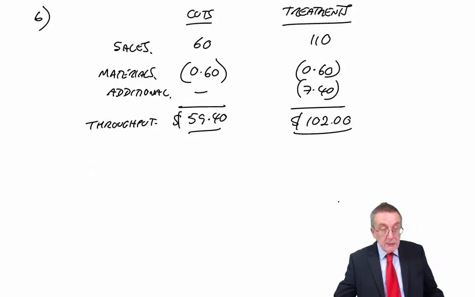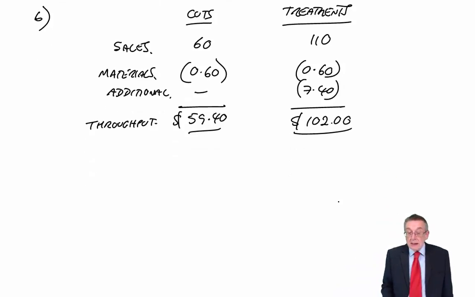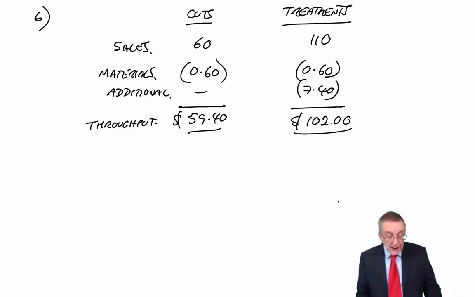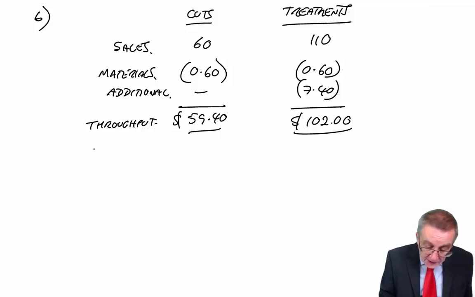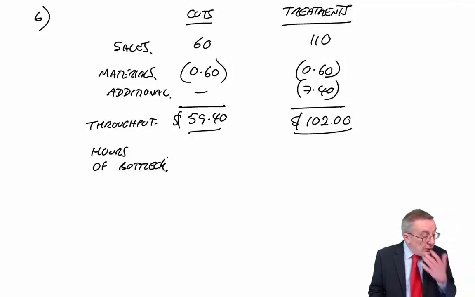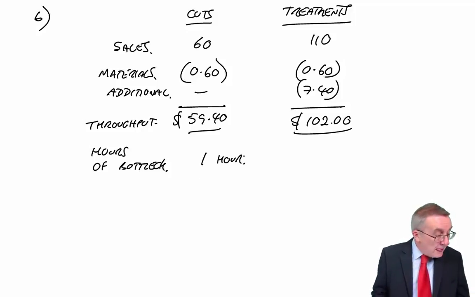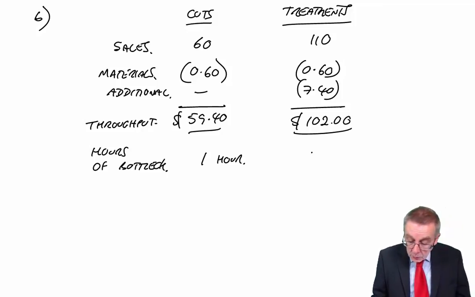For throughput accounting ratio, we need to look at the contribution to throughput per hour of bottleneck resource. So how many hours of bottleneck resource are there? Remember, the bottleneck resource is the senior stylist. So for cutting, it's 1 hour per unit. For treatment, it's 1.5 hours per unit.